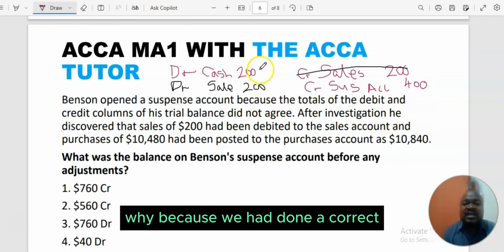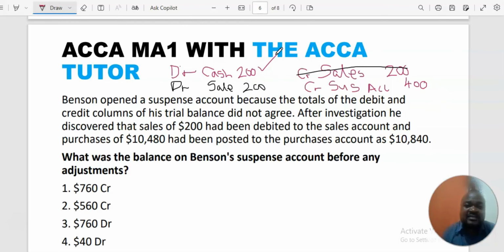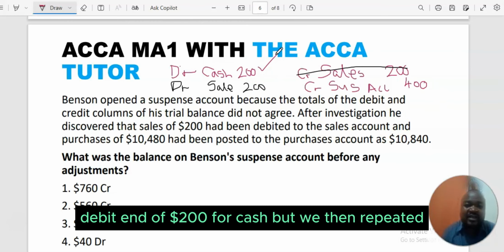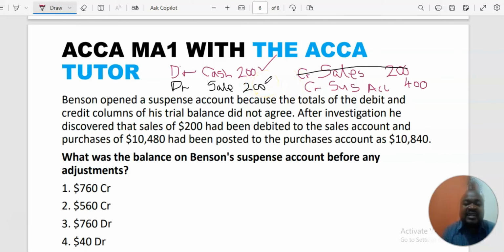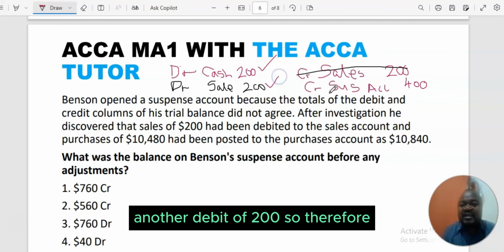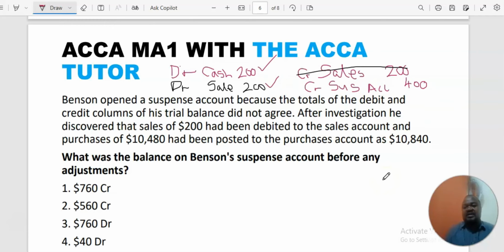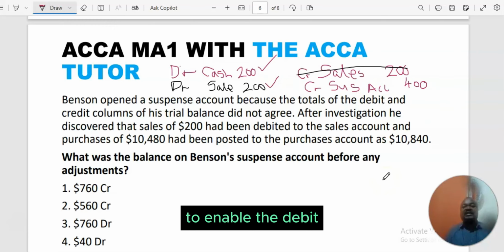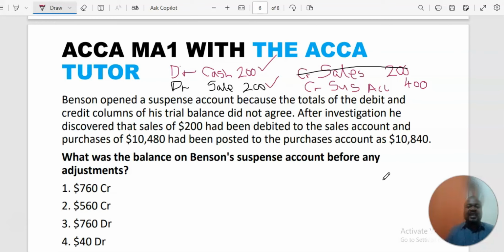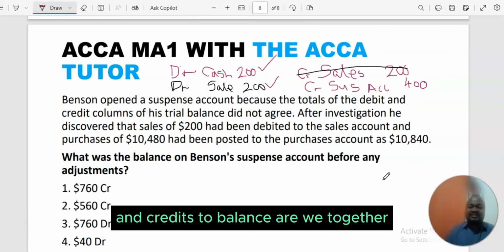Why? Because we had done a correct debit entry of $200 for cash, but we then repeated another debit of 200. So therefore, the total suspense account is $400 to enable the debits and the credits to balance.